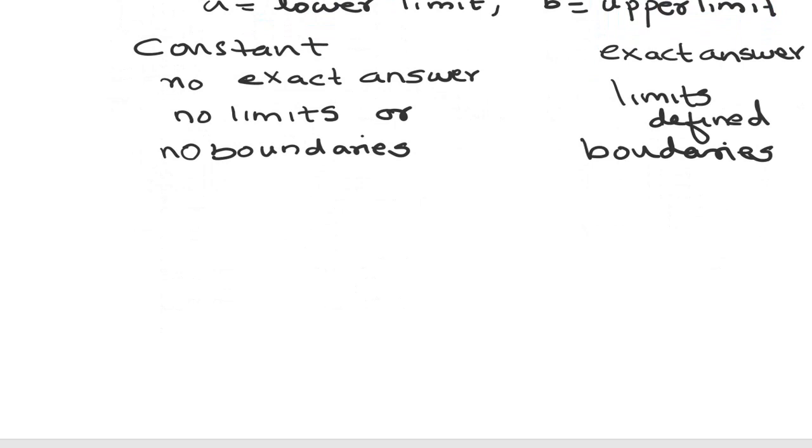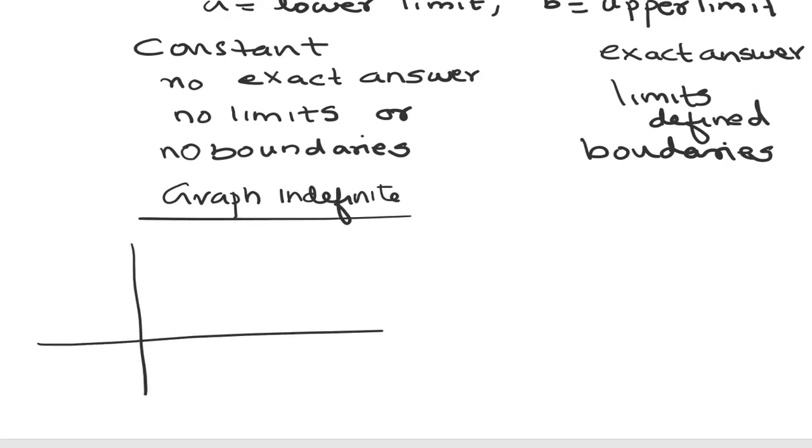To make it more clear, the graph of an indefinite integral will be going on like this. This will be the graph of an indefinite integral. It goes on to infinity, we cannot find a boundary here.